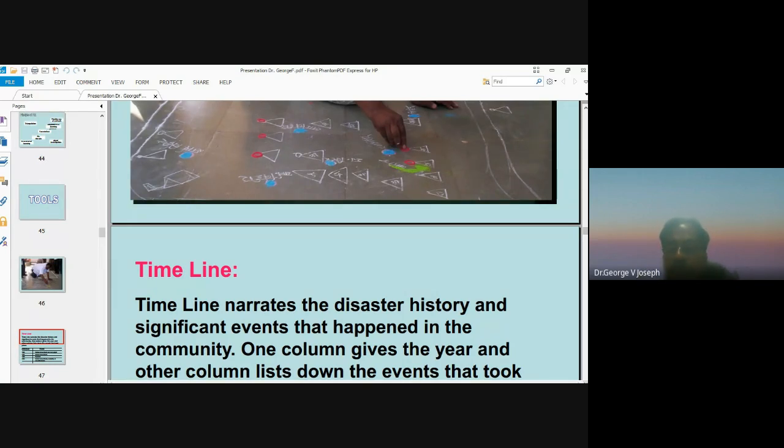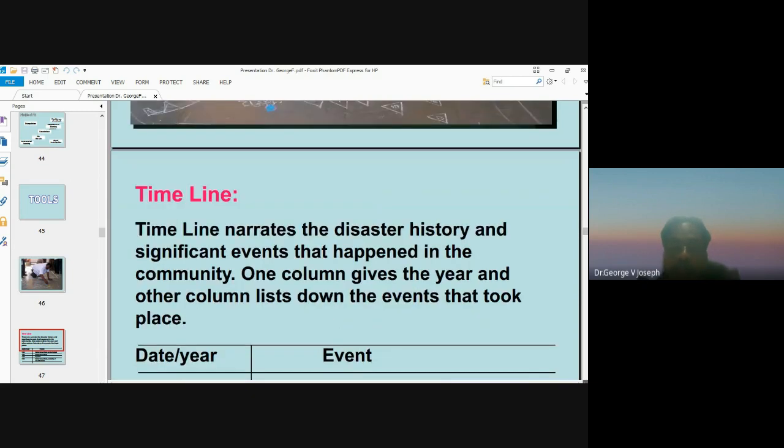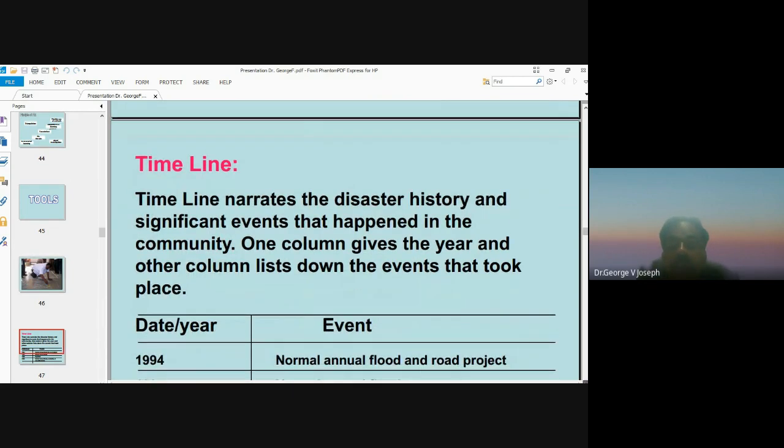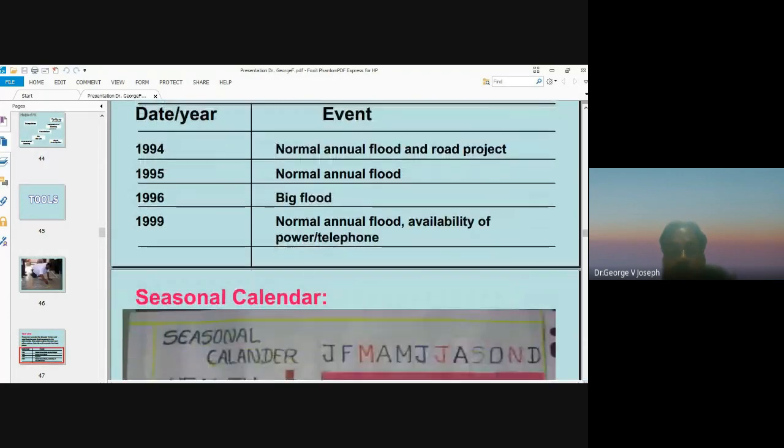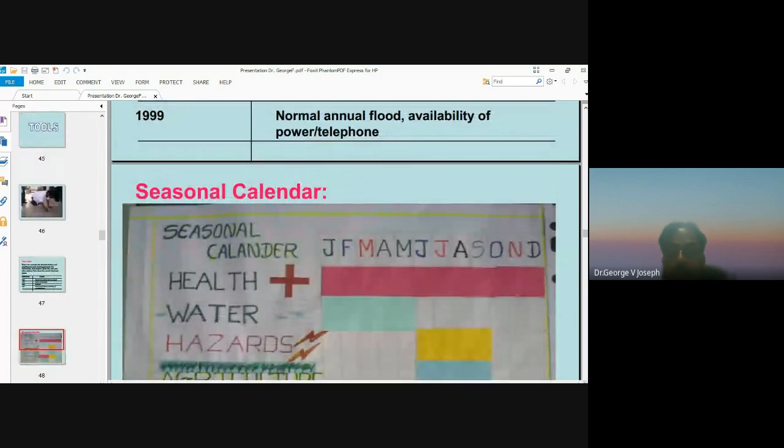The people who are experienced will be able to tell you what type of hazardous event has occurred, how much area has been affected, how it was managed, what the issues were. Or even a seasonality diagram, in which season what type of events occur. Month wise we can have various types of hazards in the locality identified as per the people's perception.